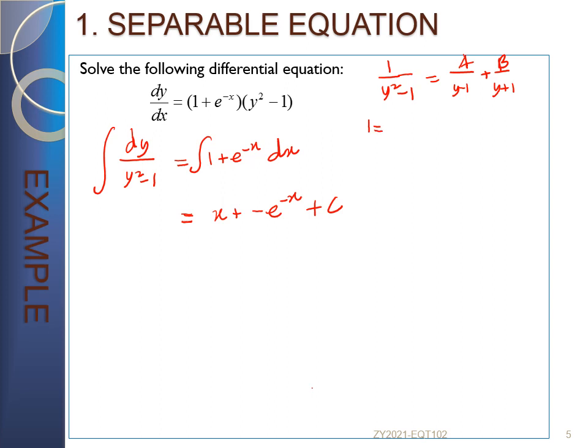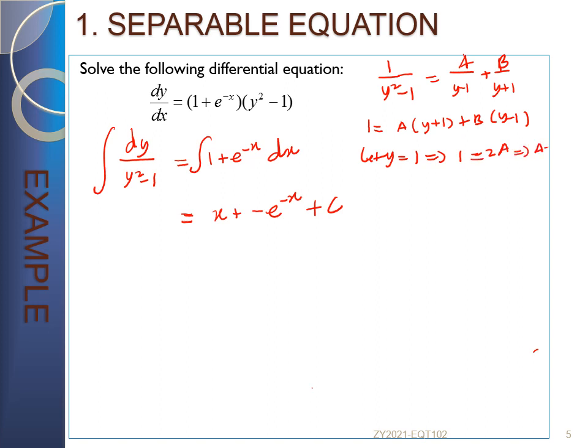So 1 is equal to A(y plus 1) plus B(y minus 1). Okay, so let y equal 1. When y equals 1, B is 0, so we get 1 equals 2A.